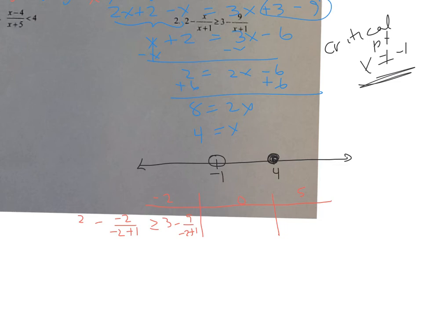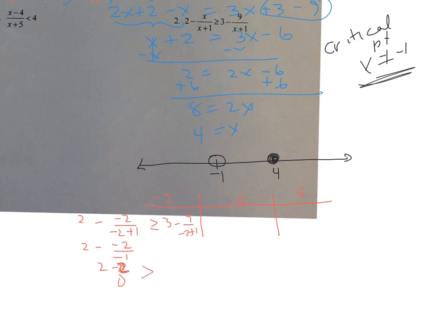So let's just simplify this here. We have 2 minus negative 2 over negative 1, which is positive 2. So that's 2 minus 2, which is 0 here.